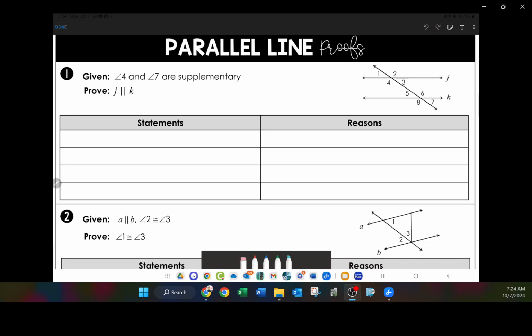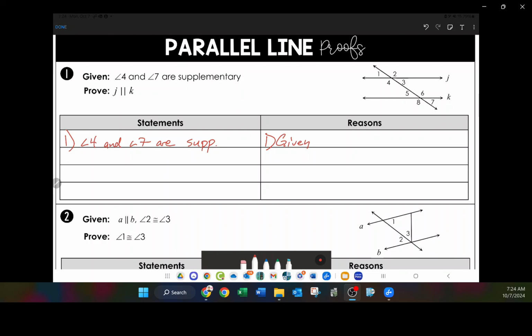All right. So, number one, we are given that angle 4 and angle 7 are supplementary. One, given: angle 4 and 7 are supplementary.